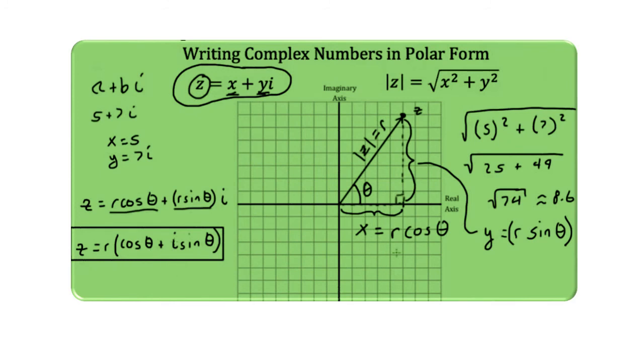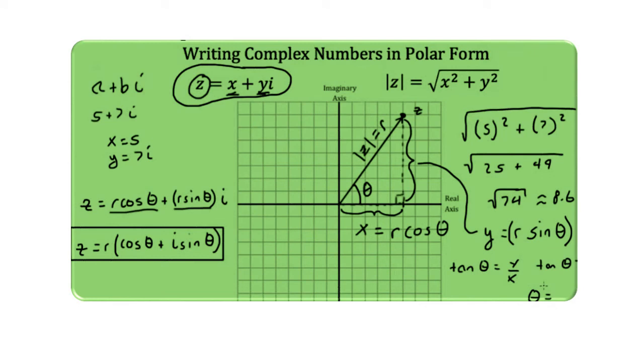If I wanted to find theta, I could use the tangent function because the tangent is just the opposite side length over the adjacent side length. So the tangent of theta is equal to y over x. Our y is 7 and our x is 5. So the tangent of theta is 7 over 5.